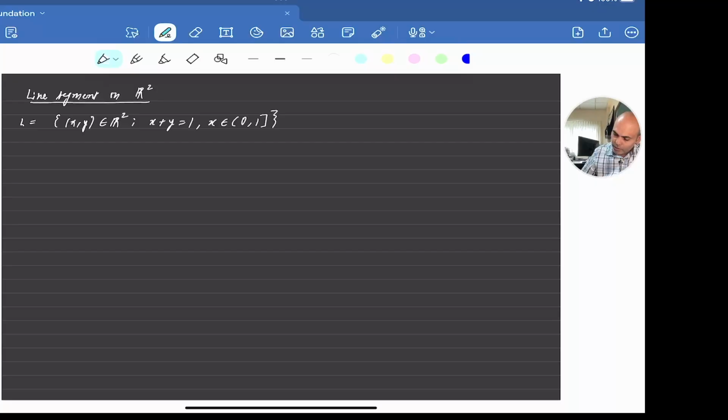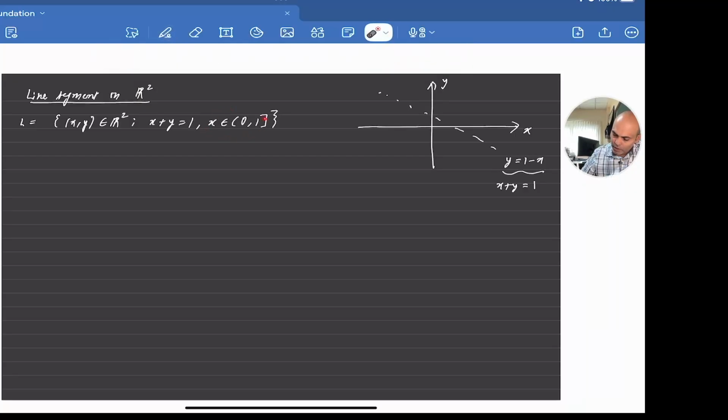We can also represent this line in the same way as the previous case, and in the last case we saw that this is how we represented the line y equal to 1 minus x, or x plus y equal to 1.